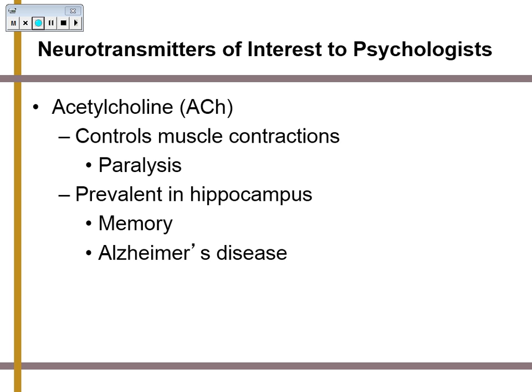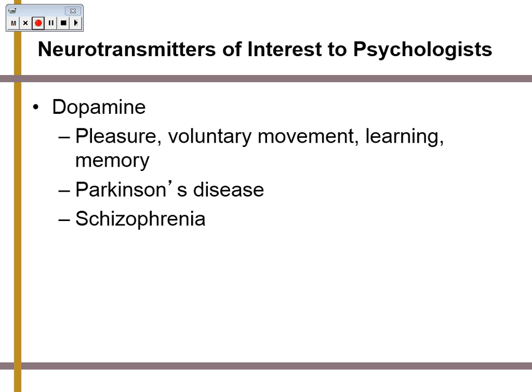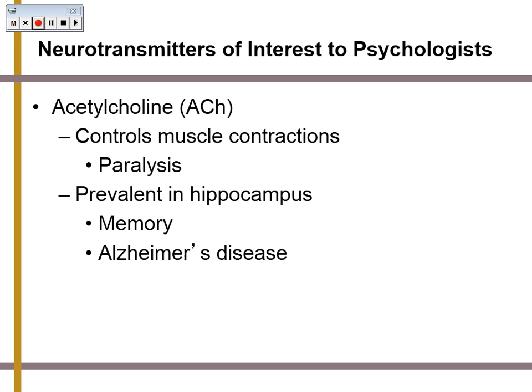Acetylcholine, or what we call ACh, is a neurotransmitter produced into the bloodstream to help memory, Alzheimer's, paralysis. So when you're trying to remember things, the neuron starts to pour this chemical into the body to intensify some type of memory.